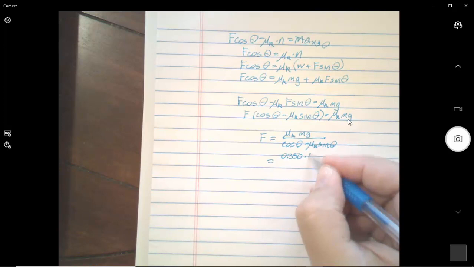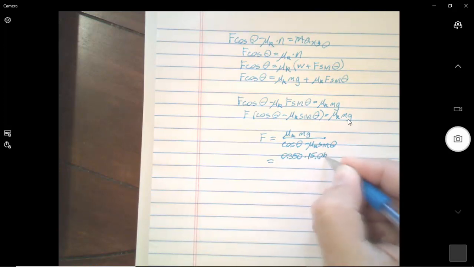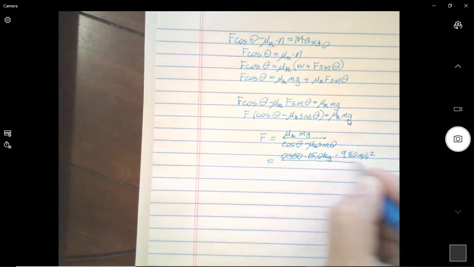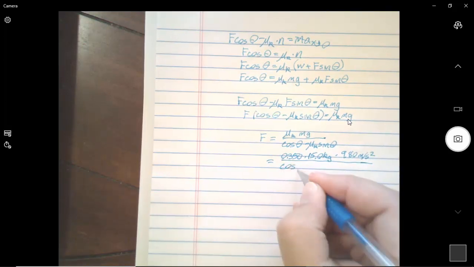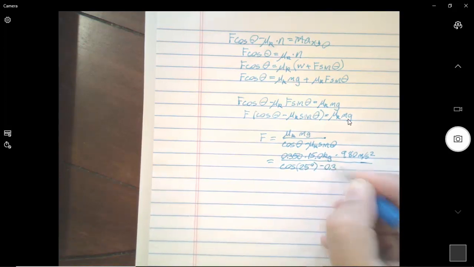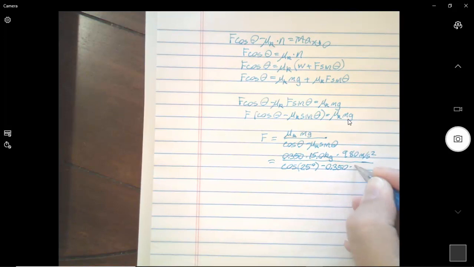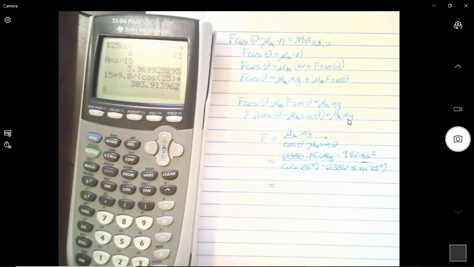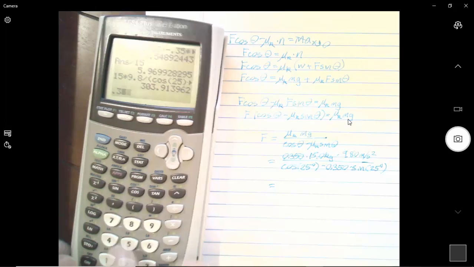So 0.350 times 15.0 kilograms times 9.8 meters per second squared over cosine of 25 degrees minus 0.350 times sine of 25 degrees. And all of that is equal to, let's plug it into the handy calculator.